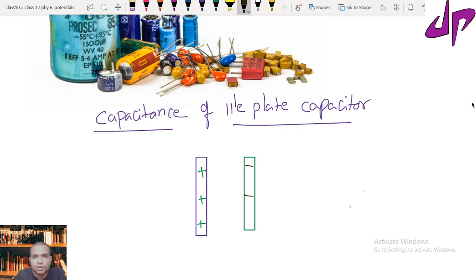They are separated by a distance d, the distance between the two plates. Since they are plates, we express the charge as surface charge density: positive sigma and negative sigma.